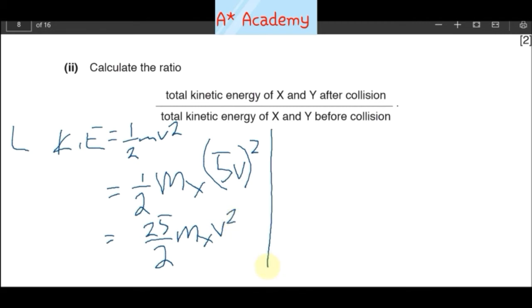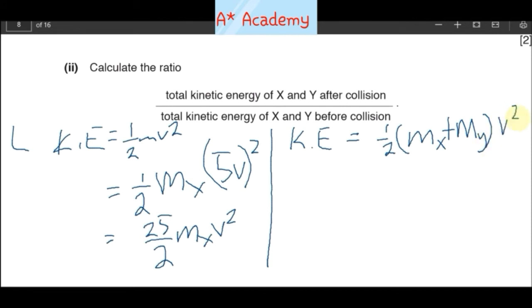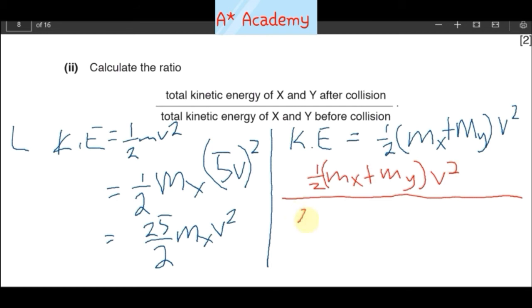After collision, we have both x and y moving at a common velocity, so kinetic energy was half. Then the masses were combined, and the velocity was just v, like that. This is after collision, and before collision we have this. The v squared can cancel out, then this and that will cancel out, and we will have 1 over 25 right there.